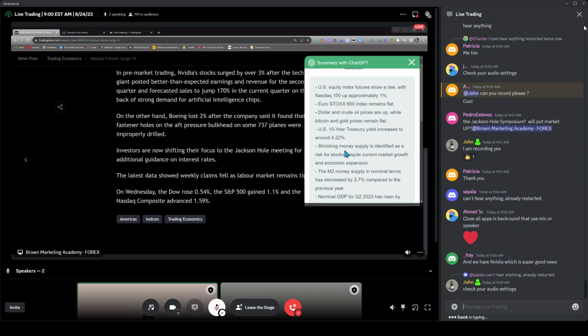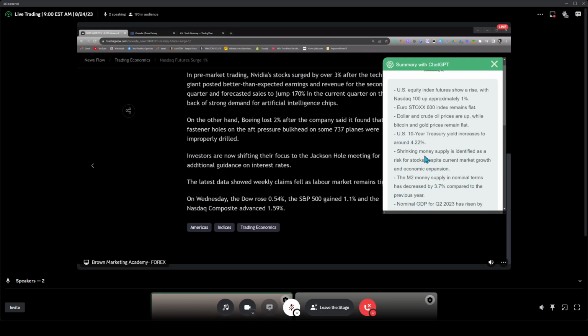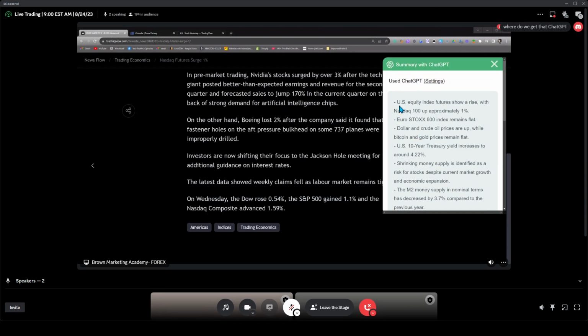And I do that for an average of 2 to 3 articles. Okay? So let's look at bullet point number 1. U.S. equity index futures show a rise. NASDAQ 100 up approximately 1%. So, bullet point number 1, positive.